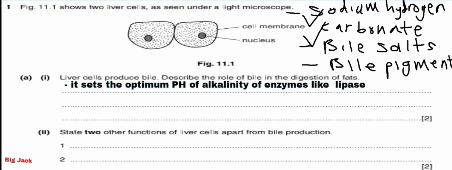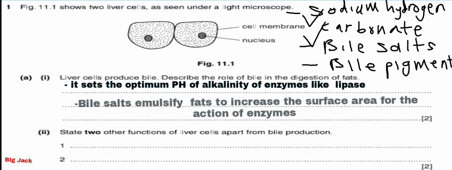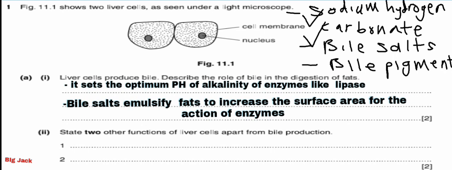So these bile salts emulsify, thereby breaking down large droplets of fats into smaller droplets. Once they are broken down, this increases the surface area for the action of what? Enzymes. So the answer is that the bile salts emulsify the fats, thereby increasing the surface area for the action of enzymes. So that is the answer.